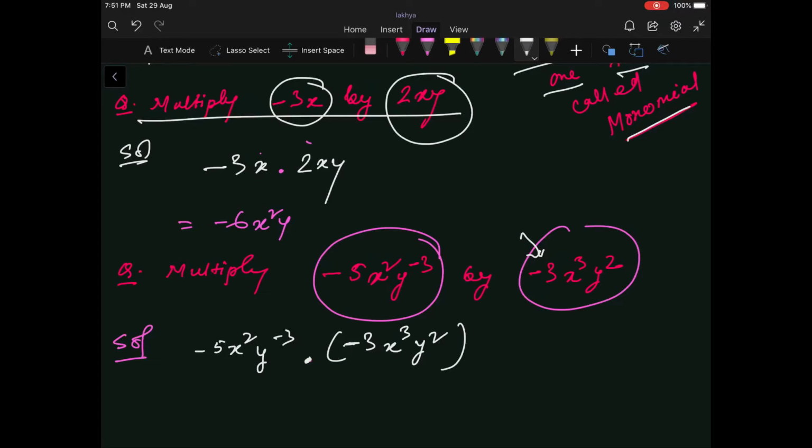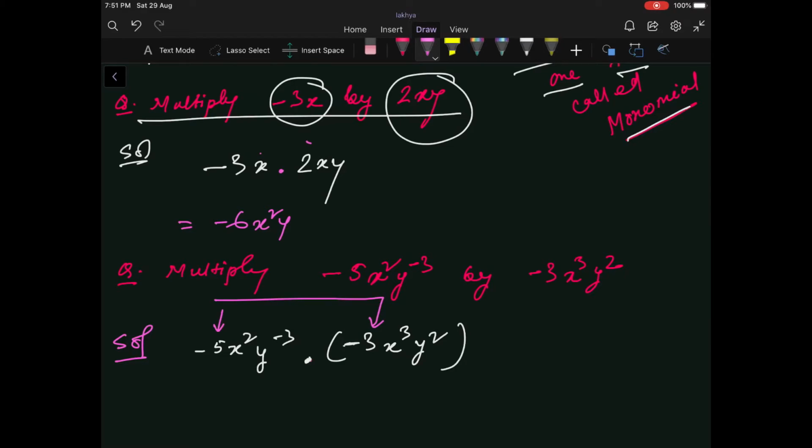Now again we will apply the same procedure. First you have to multiply the coefficients. What are the coefficients? Minus 5 and minus 3. So 5 3s are 15. As both are negative, the result will be positive.